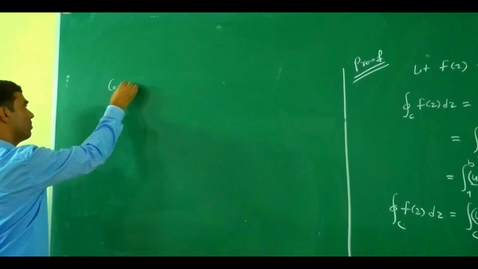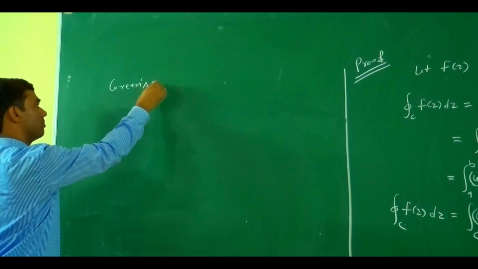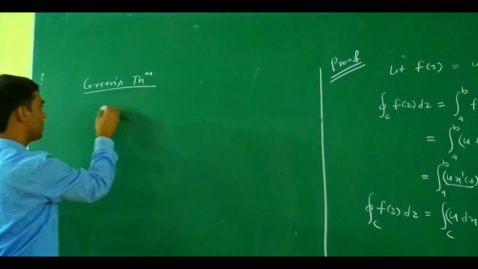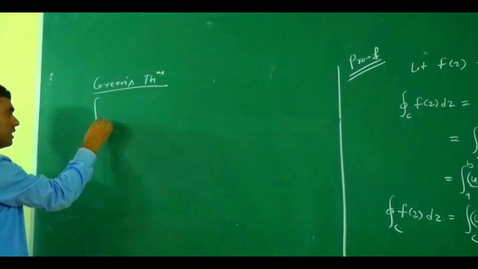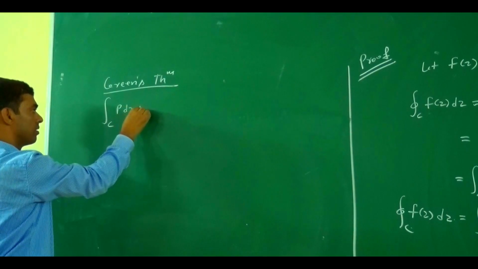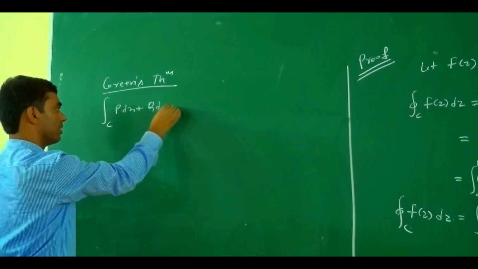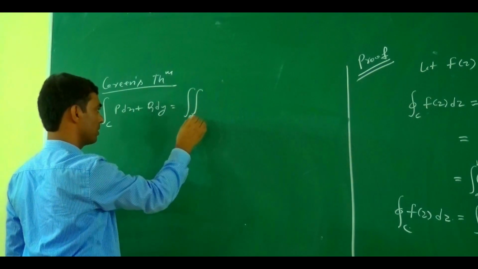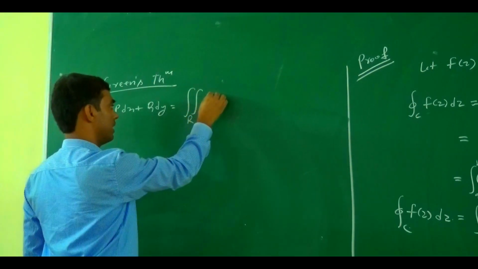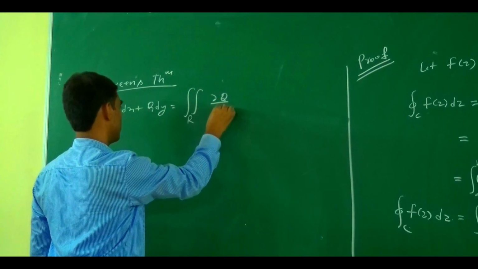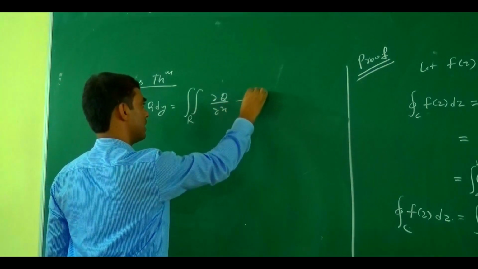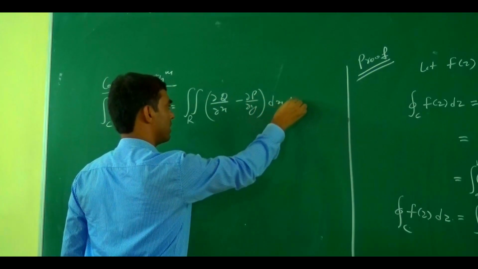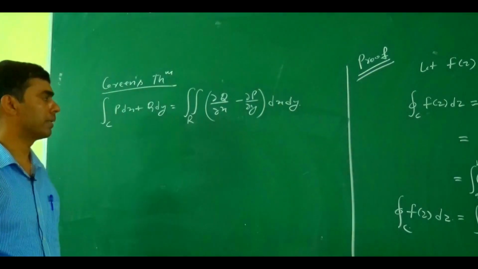What is Green's theorem? The statement of Green's theorem: the integral over C of P dx plus Q dy equals the double integral over R of (del Q upon del x minus del P upon del y) dx dy.